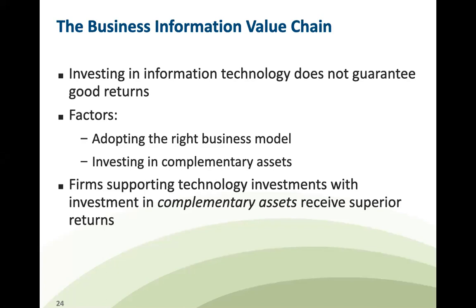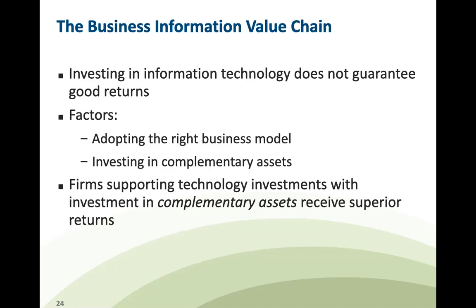I'll give you an example. An example may be brand name recognition and marketing capabilities. If a particular business has a good brand name, then it's easy for them to reach higher returns.